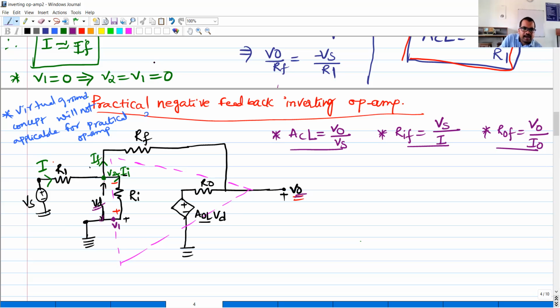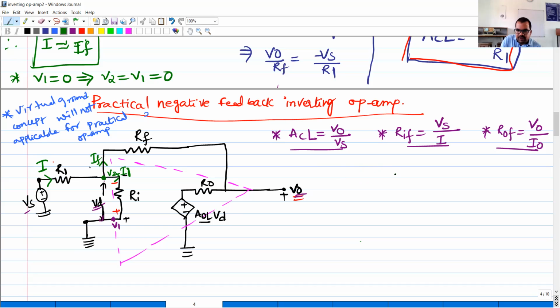Now here I want to apply KVL at the input of this operational amplifier. Because of applying the Vs voltage, the input current I is flowing through the R1 resistance and it is divided into I1 as well as IF. I'm writing this as I1. Okay, the current flowing through Ri resistance is I1.